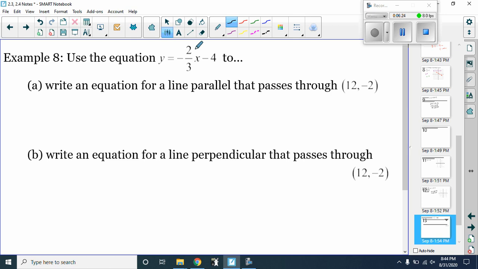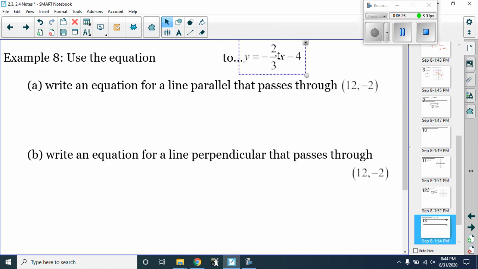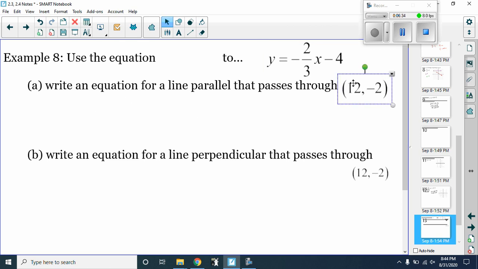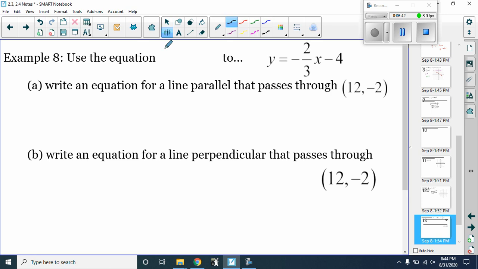So the last example here, we are given a line, y equals negative 2/3 x minus 4, and we are asked to write an equation for the line that is parallel to that given line that passes through 12, negative 2, as well as the one that's perpendicular. So to write an equation of a line, we use point-slope form, y minus y1 equals slope.